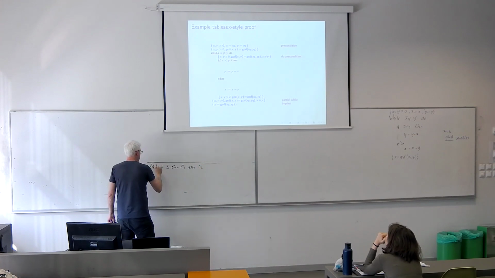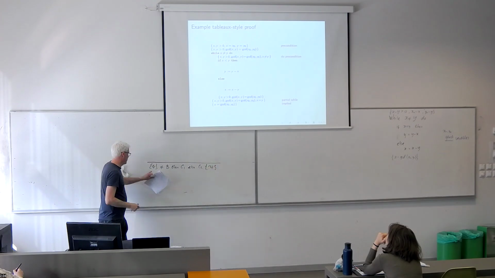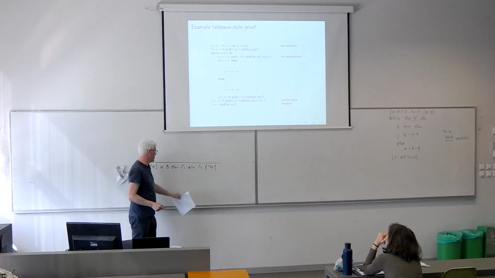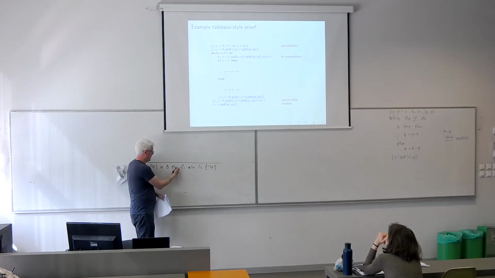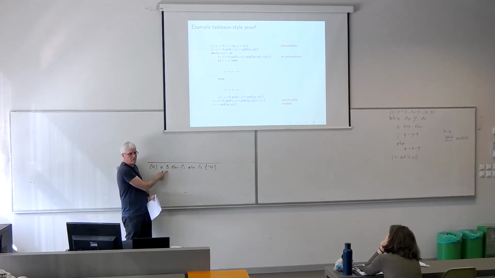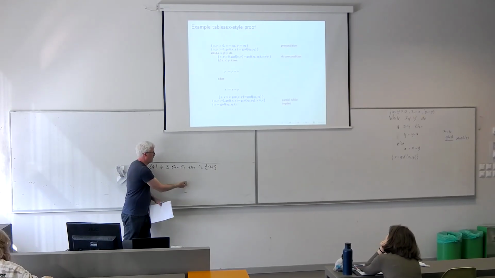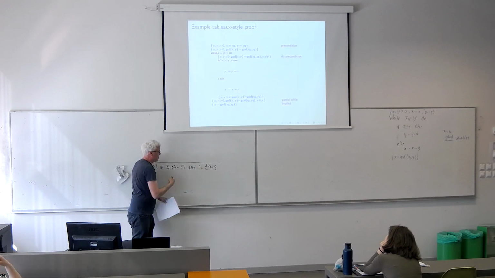And if we want to prove that it satisfies the specification precondition phi, postcondition psi, what we need to show is how we get to the resulting state from the starting state. Well, it depends on whether B is true or false. If B is true, we'll execute C1 and we want psi to hold. If B is false, we'll execute C2 and we want psi to hold.